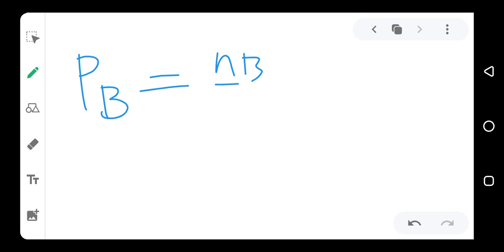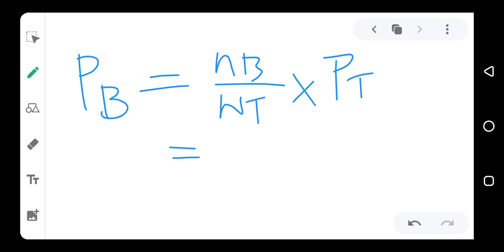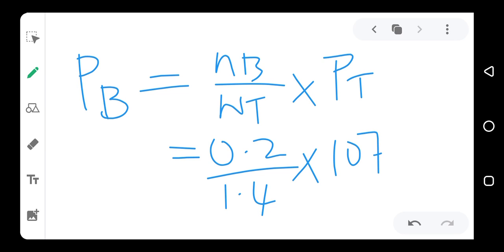Now for gas B, which we can now call PB, it is equal to number of moles of gas B over total number of moles times total pressure, which is equal to 0.2 over 1.4 multiplied by 1078.